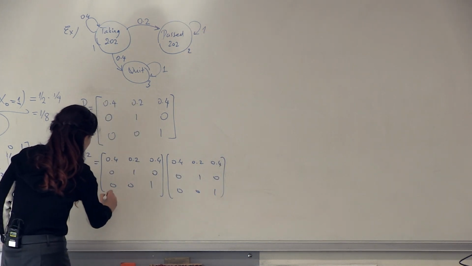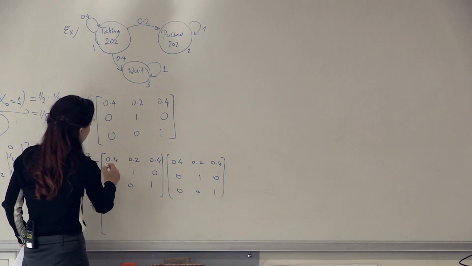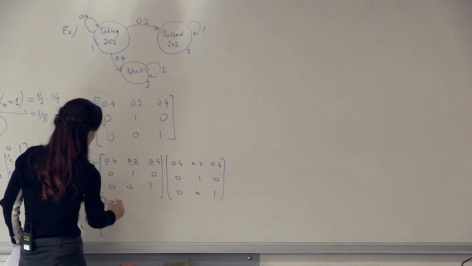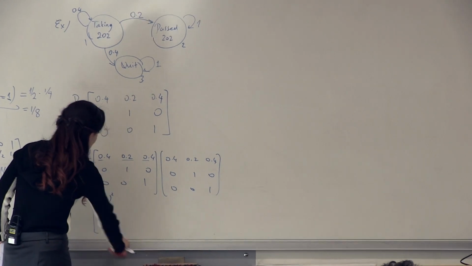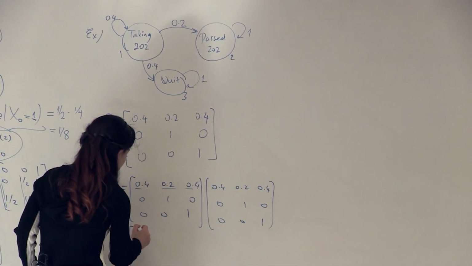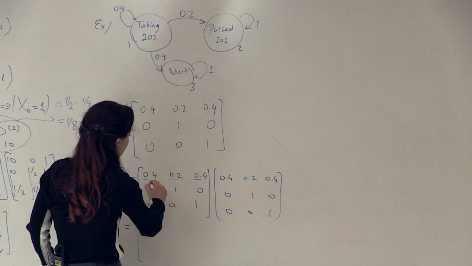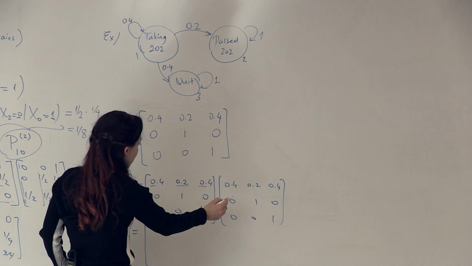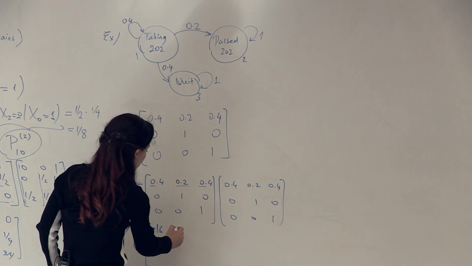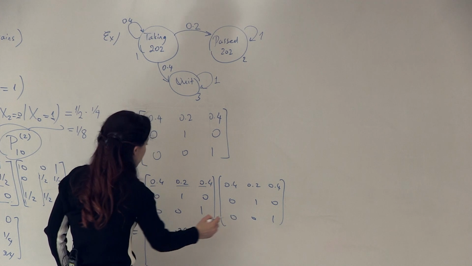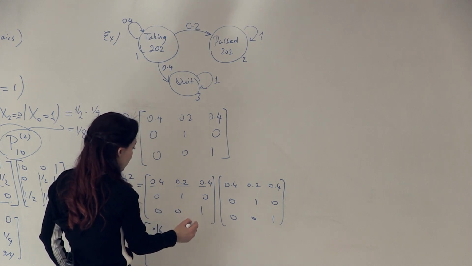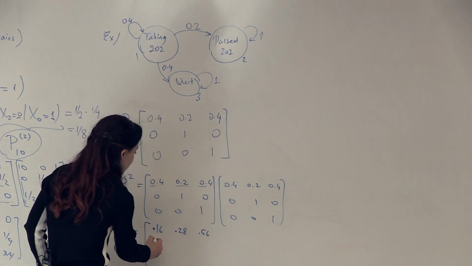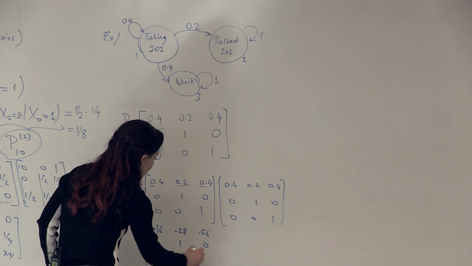Easily, the first row and first column gives 0.4 squared, 0.16. Then this and this gives 0.08 plus 0.2, 0.28. This and this give 0.16 plus 0.4, 0.56. This and this is easy: 0, 1, 0, 0, 0, 1.